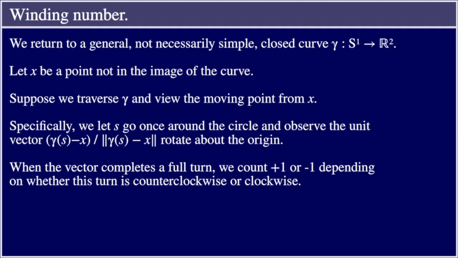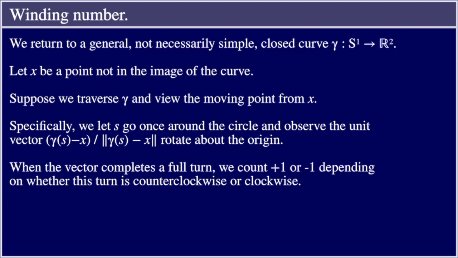Winding number. We return to a general, not necessarily simple, closed curve gamma mapping S1 to R2. Let x be a point not in the image of the curve. Suppose that we traverse gamma and view the moving point from x. Specifically, we let s go around the circle and observe the unit vector (gamma of s minus x) divided by the norm of (gamma of s minus x) rotate about the origin.